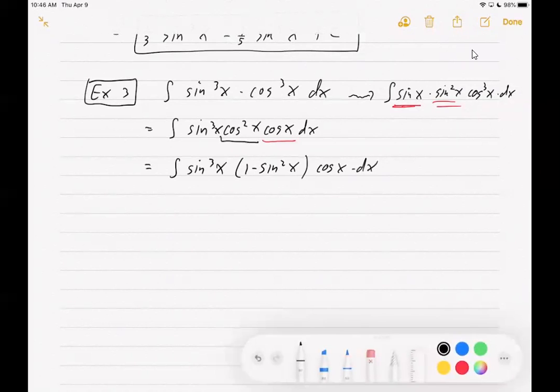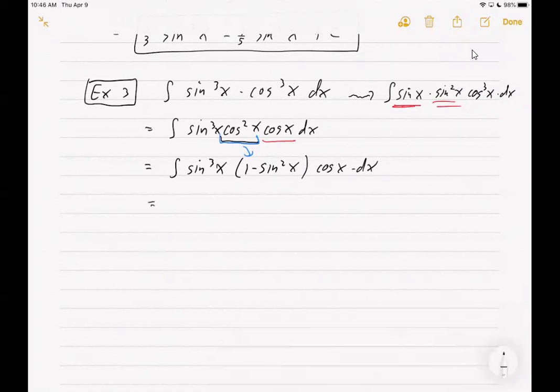This was rewritten in terms of the trig identity. So then we can rewrite this. I'm going to go right to having two integrals. The first will be the sine cubed of x times cosine of x dx, minus the second integral would have sine to the 5th of x cosine of x dx.